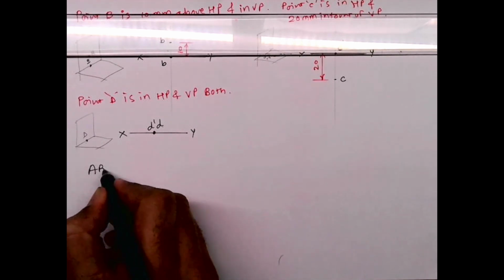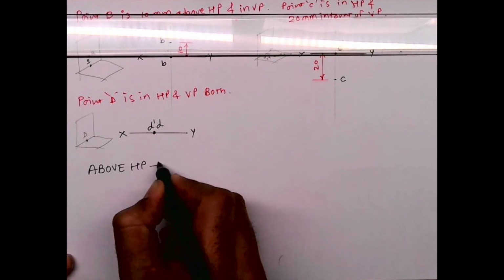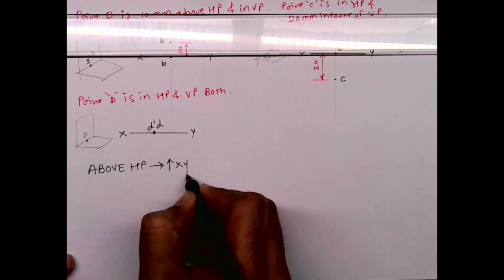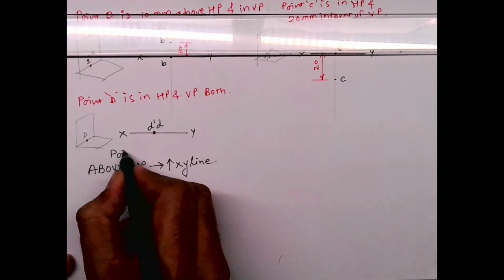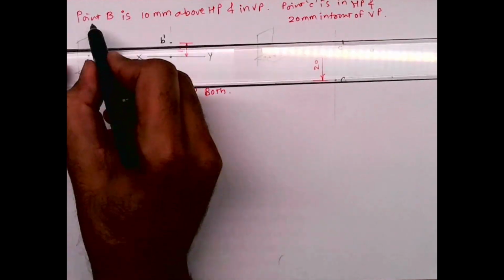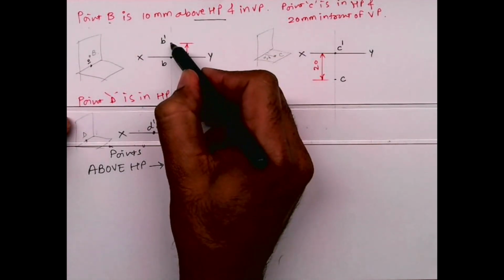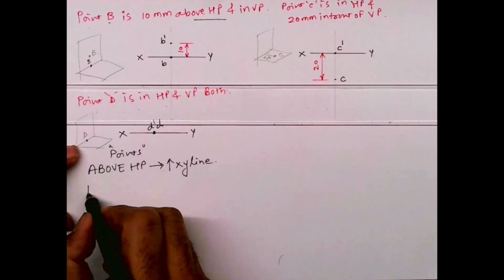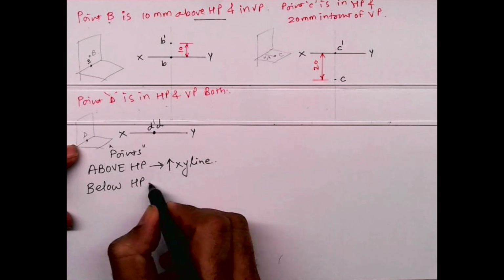So remember one thing. Whenever in points they say it is above HP, always remember it will be above XY line. This is for point. See, B is 10 mm above HP, where it is above XY line. Then what I am writing is below HP, that is actually for the third quadrant.